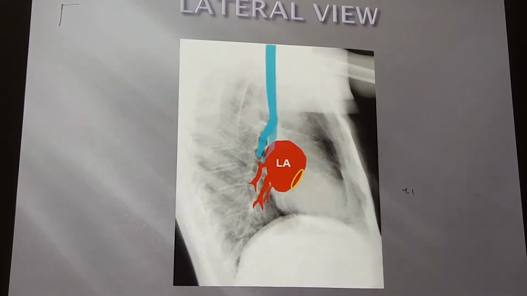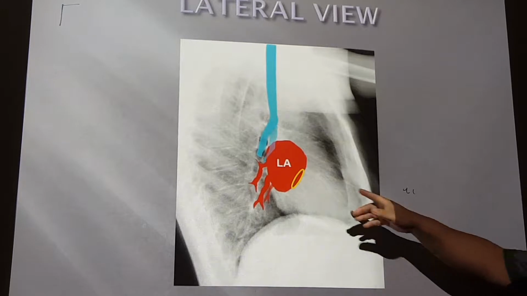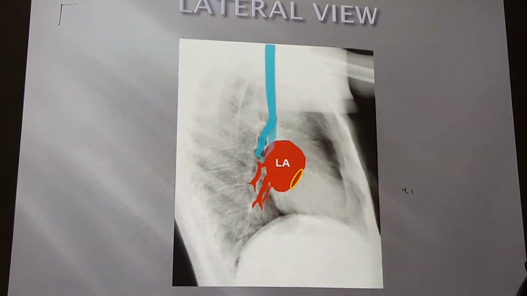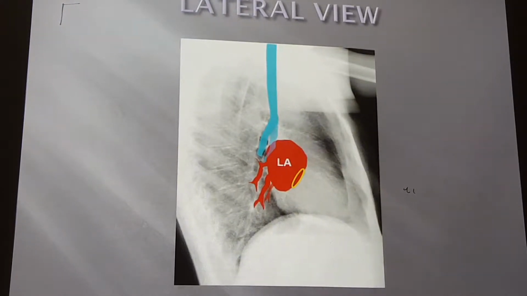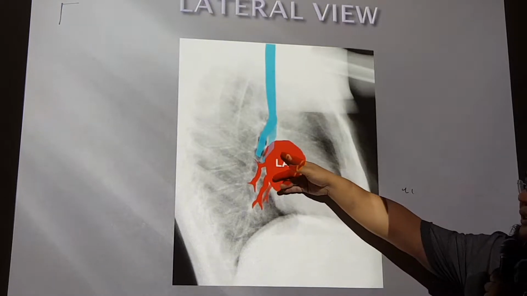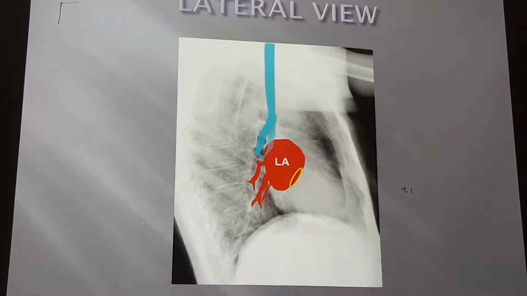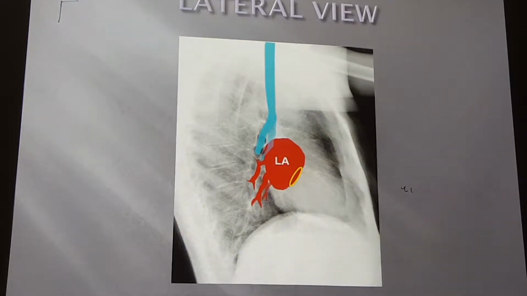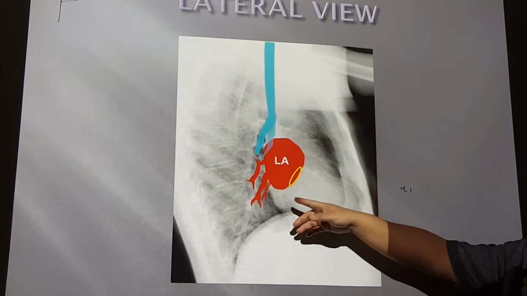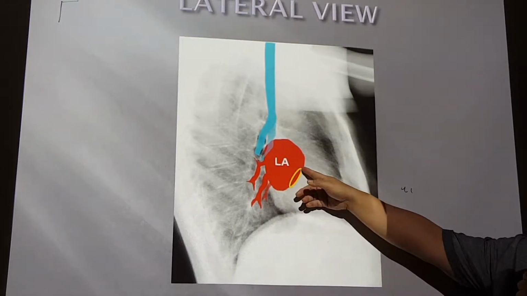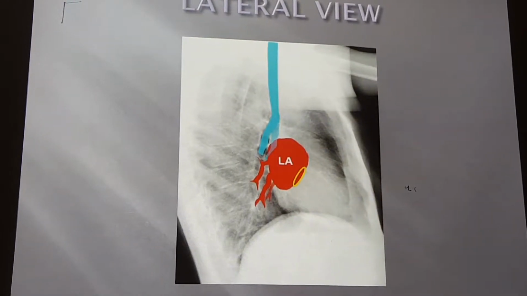On the next slide, your left atrium is posteriorly located, anatomically contiguous with the bifurcation of the right and left main bronchus. So that's your left atrium where your pulmonary veins drain, and this is your mitral valve.